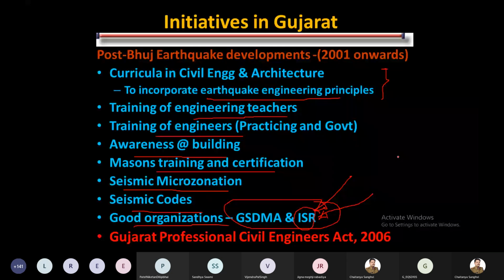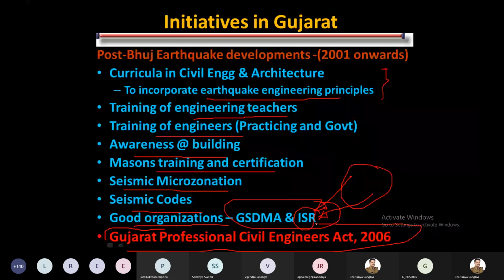These are good things. But in my opinion, these organizations are really good, but you need technical competency, right? You need good structural engineers for capacity building. No such institute has come up in Gujarat which is required to make our structures safe. This must not happen. But the Gujarat Professional Civil Engineering Act 2006 came into the picture.